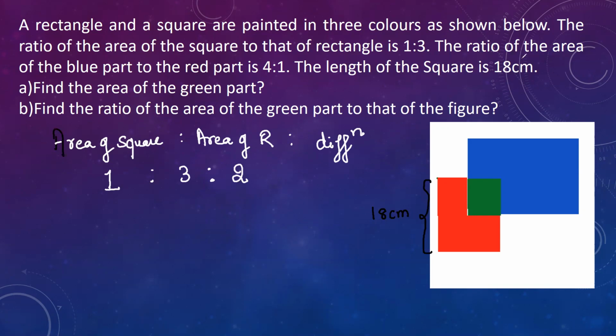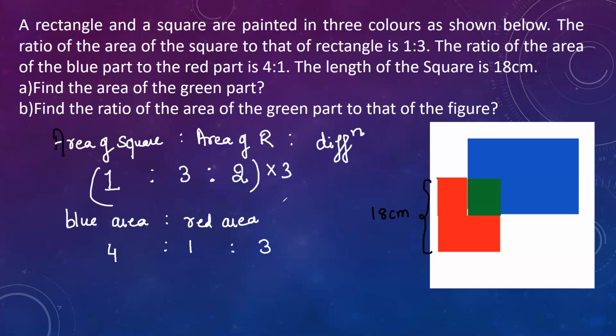Now it says the ratio of the blue area by the red area is 4:1. Here the difference is 3. So we'll make this difference constant. This one we multiply by 3, and this one we multiply by 2. How much did you get? 3:9:6. And here you get 8:2:6. See, our difference has become constant.